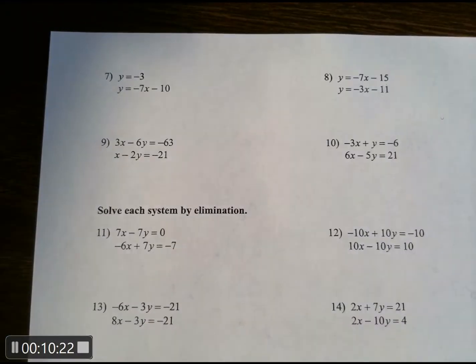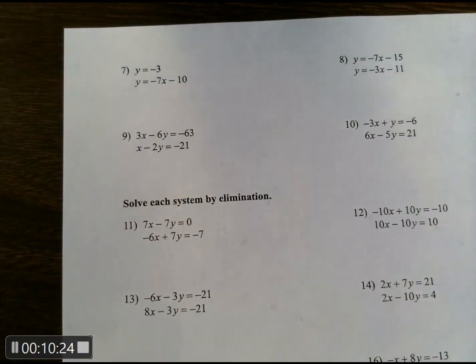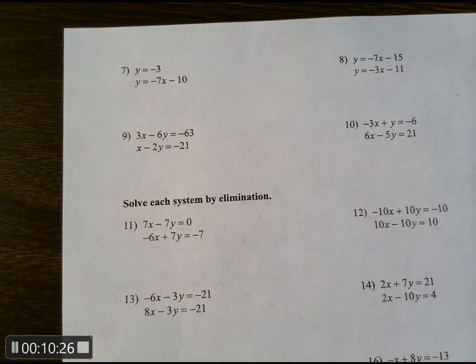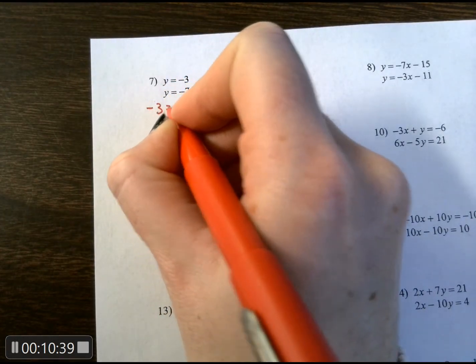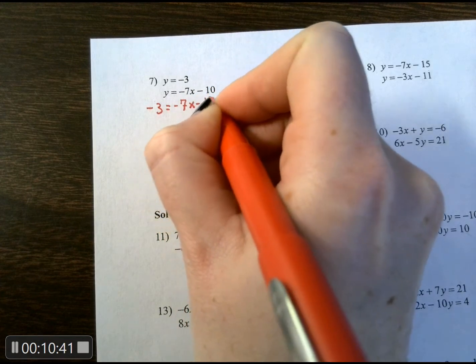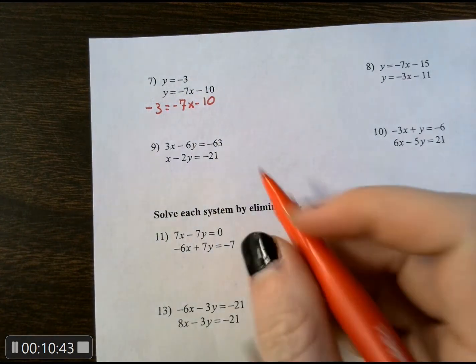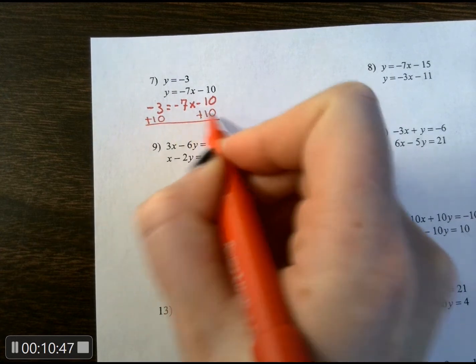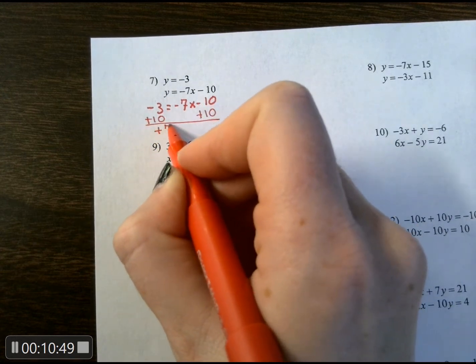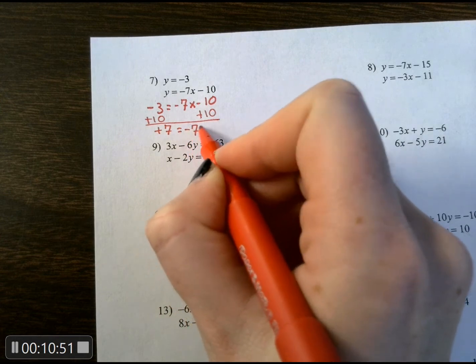Now we are on to the back page. So for number 7, we have y equals, and we're still using substitution. So when we have y equals and y equals, we are just going to set our two equations equal to each other. So I'm going to have -3 equals -7x minus 10. I am going to add 10 to both sides to get +7 equals -7x.